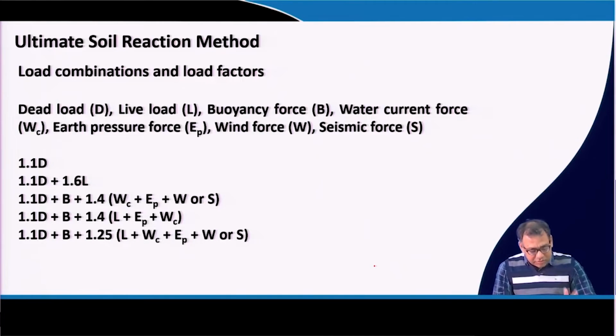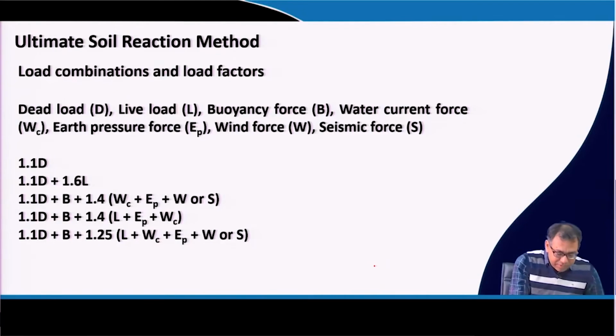The next combination is 1.1 D plus buoyancy force, then live load, earth pressure load and the water current. And the last one considers all the forces: the dead load, buoyancy load, live load, water current, earth pressure, and wind or seismic force.